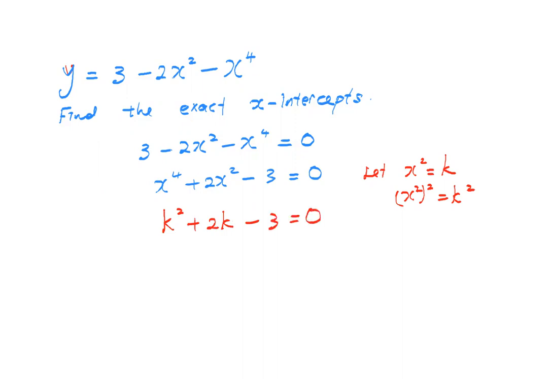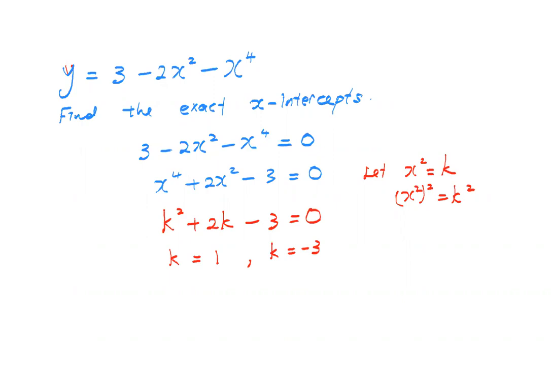Can or not? Please remember, this is a skill. It's a must to learn. So I use my scientific calculator and get the value of k. So my k is equal to what? 1 and k equal to -3.